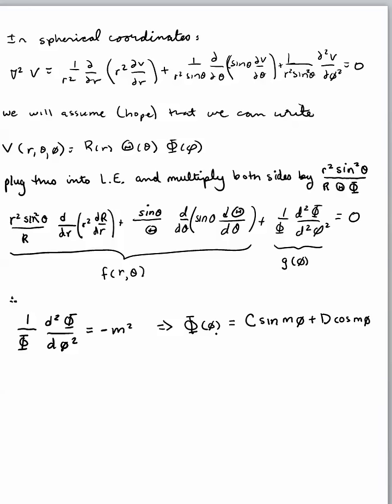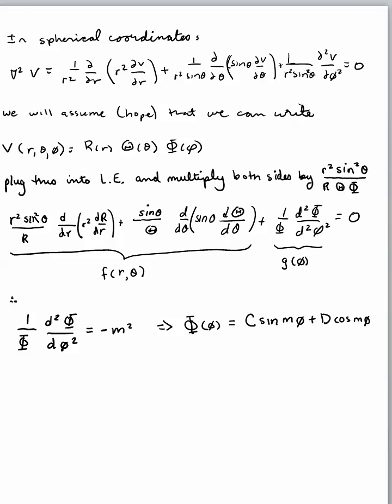We can't change the value of the function as we go through a full rotation of 2 pi simply by, I just imagined that I went around my charge distribution, walked around it in a circle, and when I got back to where I started, all of a sudden, the value of the potential was different, even though I didn't change the charge distribution itself. So phi has to be periodic over a span of 2 pi, which screams out, hey, set this equal to a negative constant, and your phi dependence will come out to be periodic or sinusoidal.